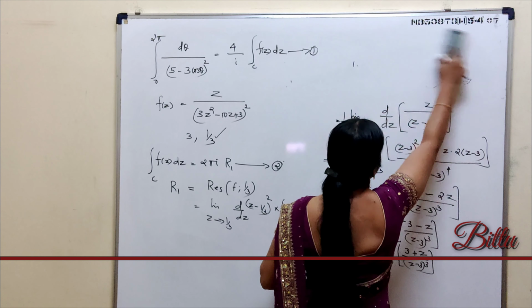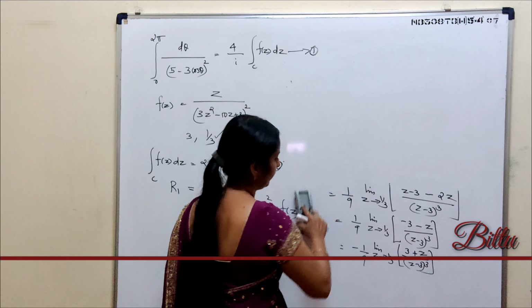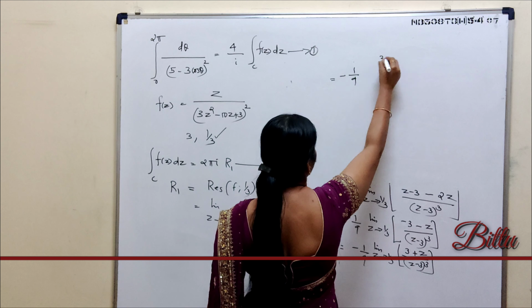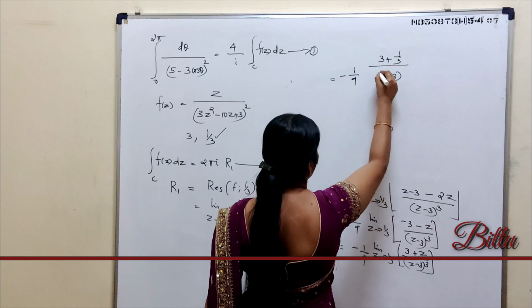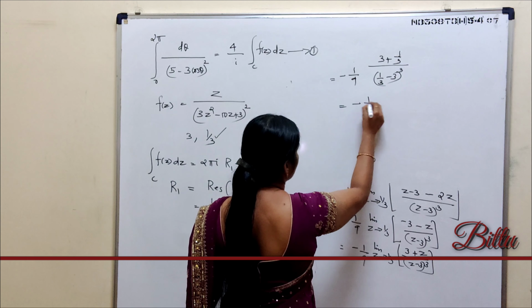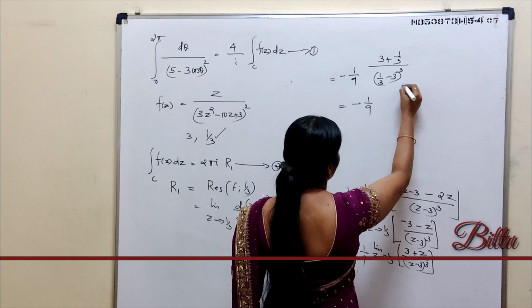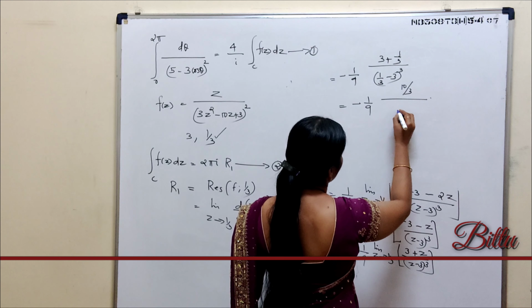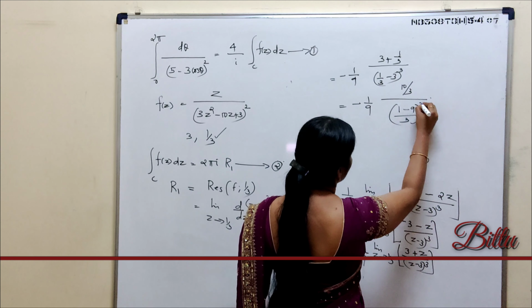Next you put z equal to 1 by 3. So it is minus 1 by 9, 3 plus 1 by 3 divided by 1 by 3 minus 3 the whole cube. That is minus 1 by 9 into the numerator, you take 3 LCM, so 10 by 3 the whole divided by, here you take 3 LCM, so 1 minus 9 by 3 the whole cube.